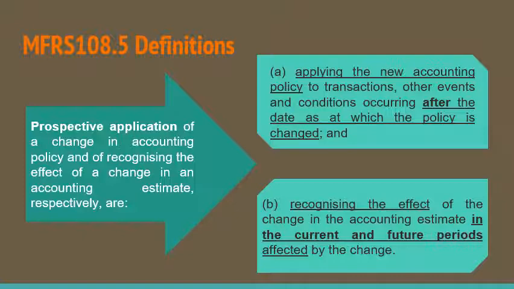So if we talk about changes in policy, we apply the policy after the date of the change in policy, and if it is for changes in estimates, apply the effects in the current and future periods.